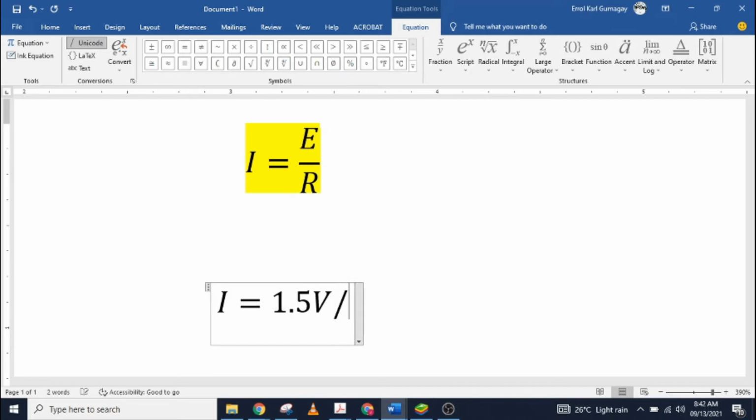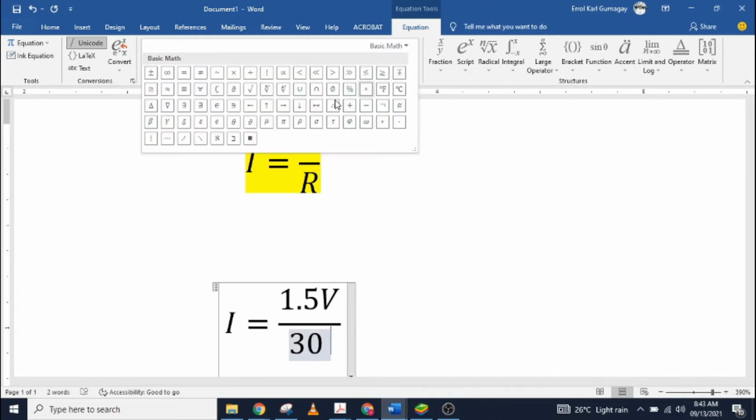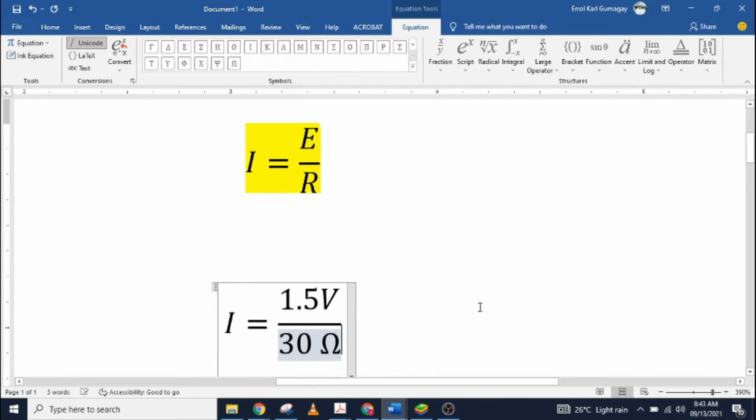Okay? Now, the resistance is actually how much? 30 ohms, sir. So we have 30. You have this one, 30 ohms.